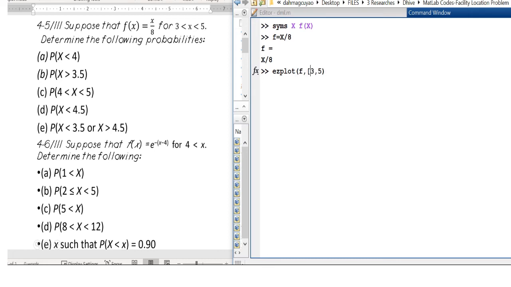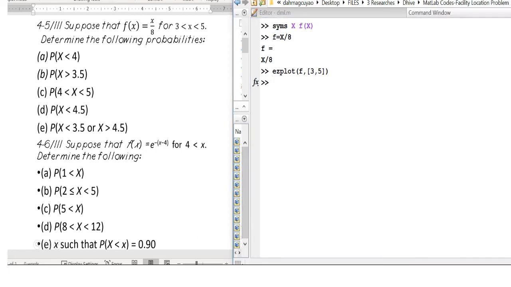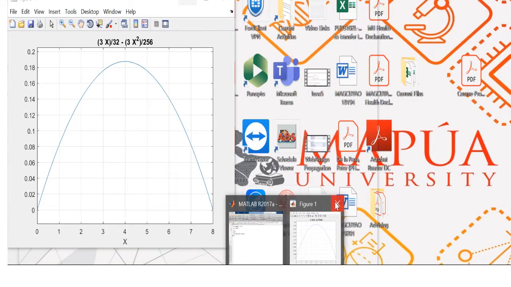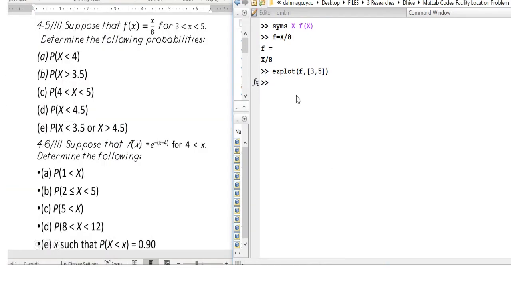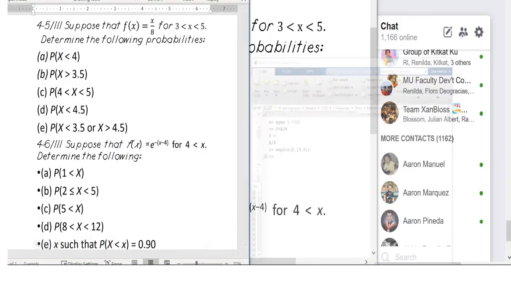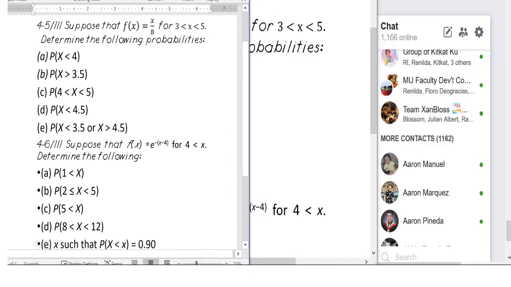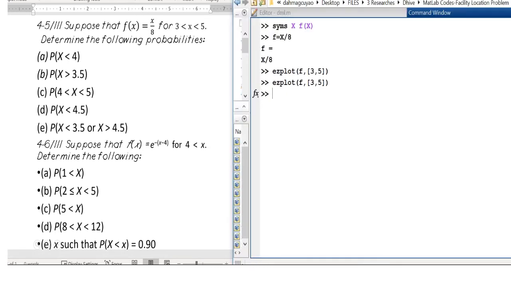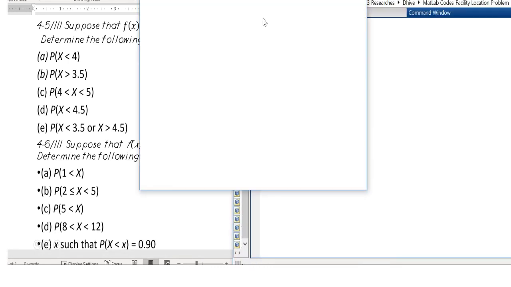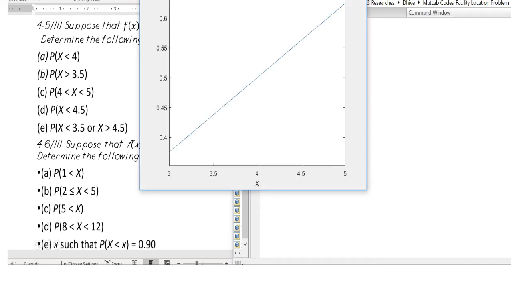Over the interval from 3 to 5, we can see a line above the x-axis.